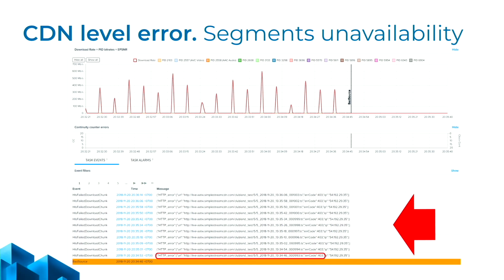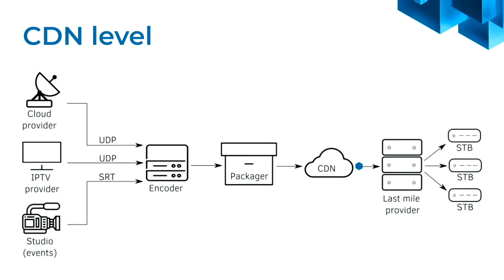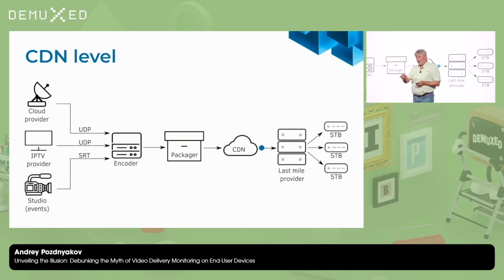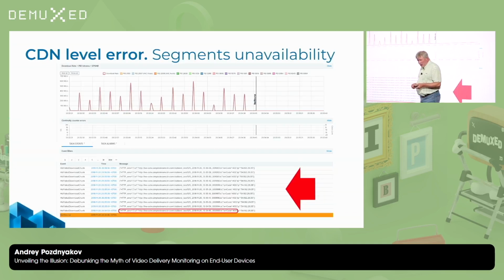And by the way, we have no need to check the encoding in any location except right after the encoder. After the encoder, nothing happens with the video, and it's useless to check encoding on all the set-top boxes. So we need the full decoder just in one place, right after the encoder.